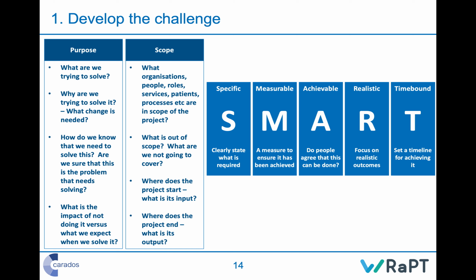We need to ensure that we have the right amount of staff to deliver the right patient outcomes. Measurable could be about patient outcomes, it could be about number of staff, it could be about bank and agency. We need to make sure it's achievable, what we're trying to achieve. So making sure that our aim is that the objective is something that can be achieved, that has a realistic outcome, and we are saying when we are going to do it by.